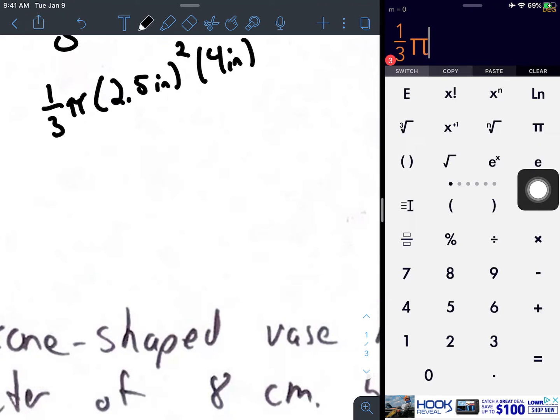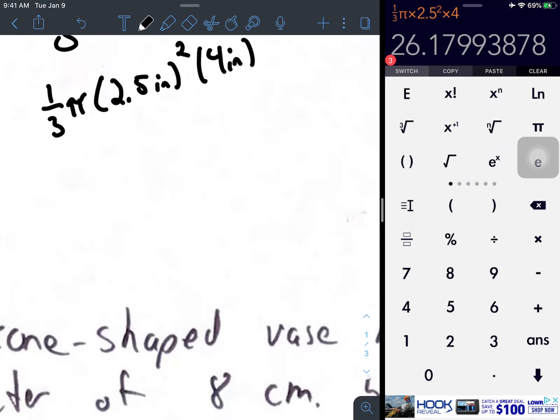That's going to be our pi. And then we're going to want to put in 2.5. This button right here can help us get up to a square. So if we click on this button, the exponent just increases by 1 each time. So right now it is 1, so if I tap it, we get 2. And then multiply by 4.